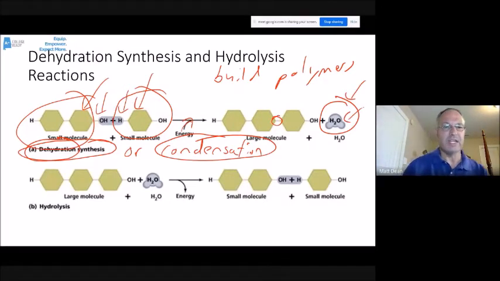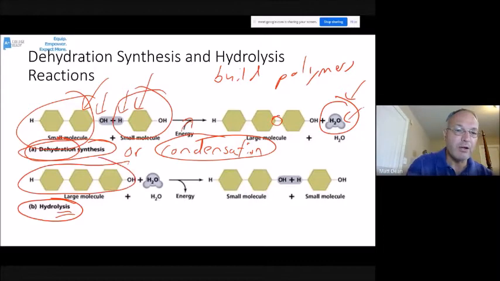The opposite of a dehydration or condensation reaction is called a hydrolysis reaction. This term lyse or lysis is a really important root in AP Bio. Lyse means to break or cut or split. So in this case, we have a large molecule, a macromolecule. Water is added in as a reactant. And when that happens, a bond is broken.